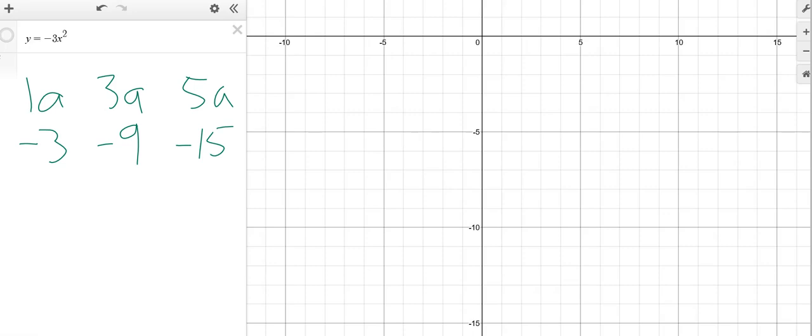Negative 15. We said yesterday that a lot of times, this isn't helping me. A lot of times you'll only get this because the 5A will jump too far off the graph.